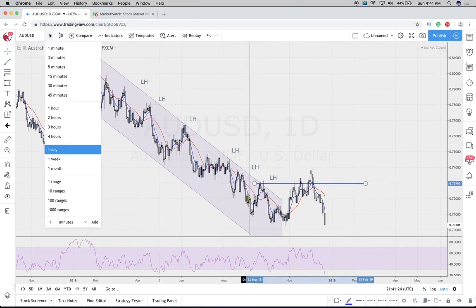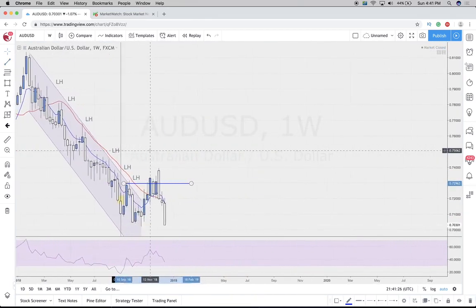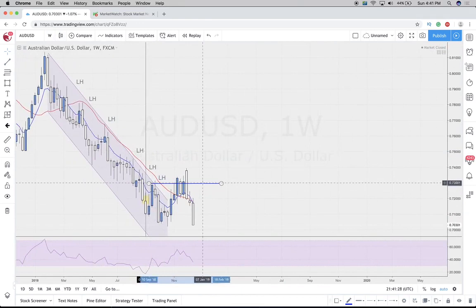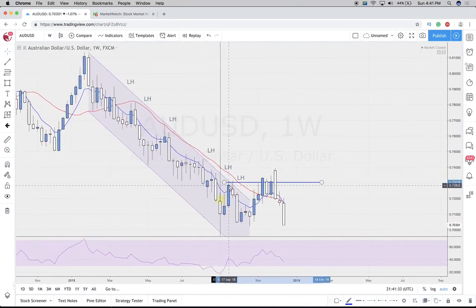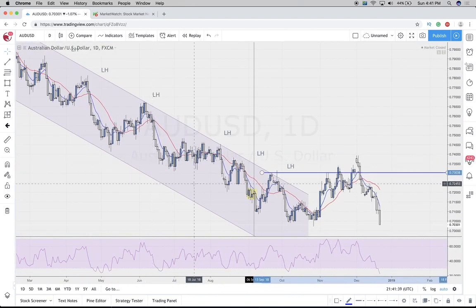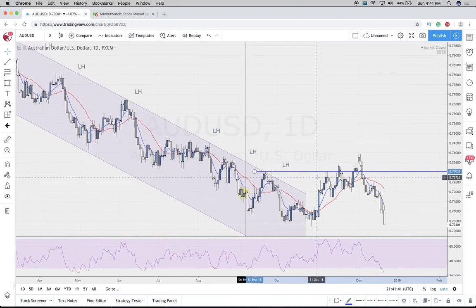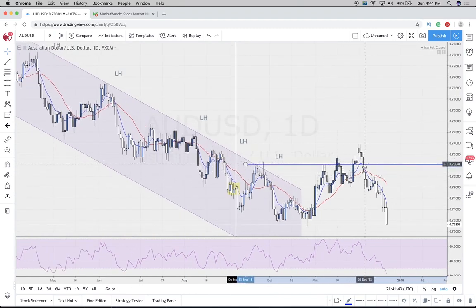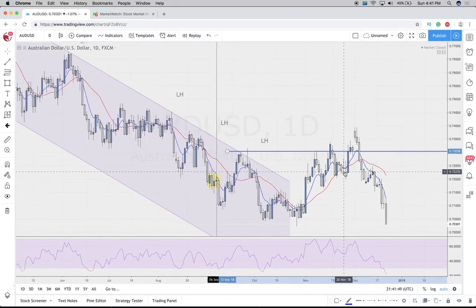But on a higher time frame, such as that weekly chart, you had this area still being respected as well. So let's put this median right here. This was technically a point of resistance based off the weekly time frame, but at the end of the day, on the daily time frame, you still had lower high points being created. So this area had to be broken for structural overall change, but this area was being respected on that weekly structure, which was a lot stronger than the daily time frame.